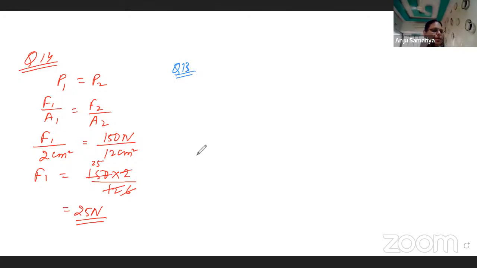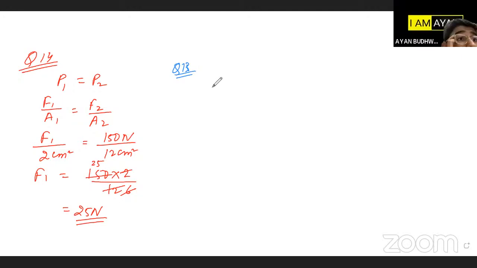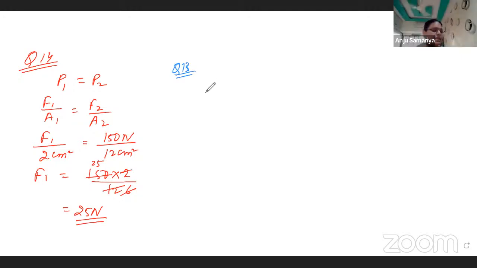Question number 13. Two cylindrical vessels with piston A and piston B of area of cross section 8 centimeters square and 320 centimeters square respectively are joined at the bottom by a tube and are completely filled with water. When a mass of 4 kg is placed on piston A, find the pressure on piston A. So the mass of 4 kg is on piston A. Pressure on A will be thrust upon area.